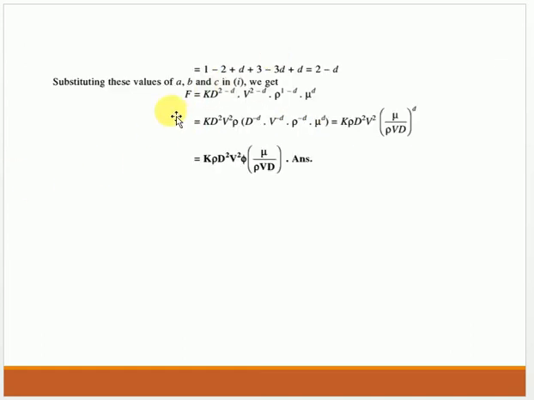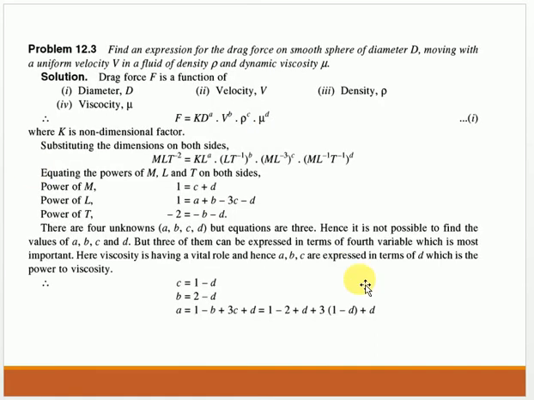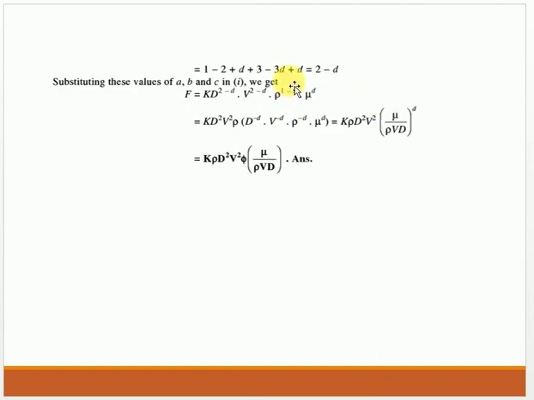So if we substitute, f equal to k, d power a, for a we know 2 minus t, v power b, so b equal to 2 minus t, rho power c, so c will be 1 minus t, and mu power t.